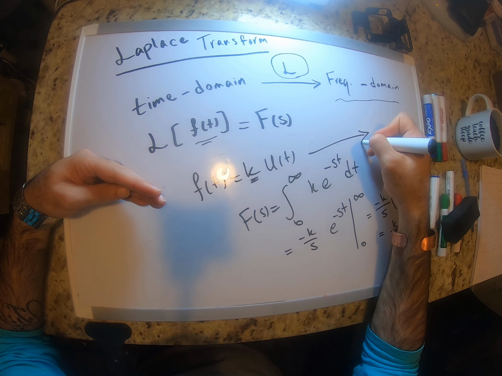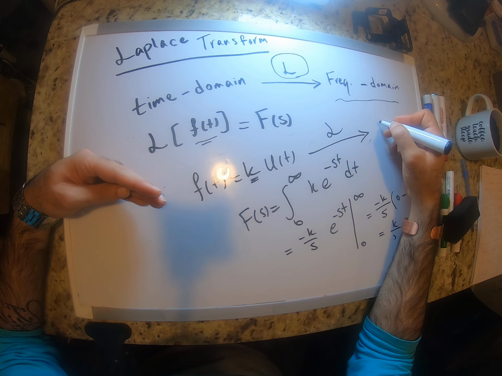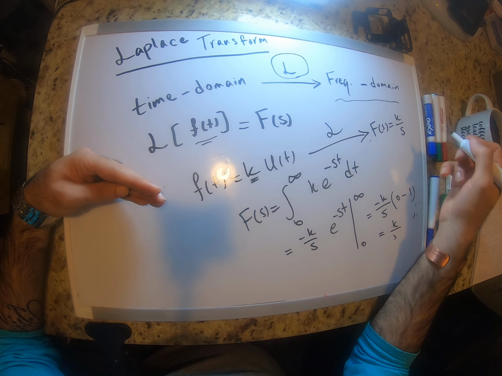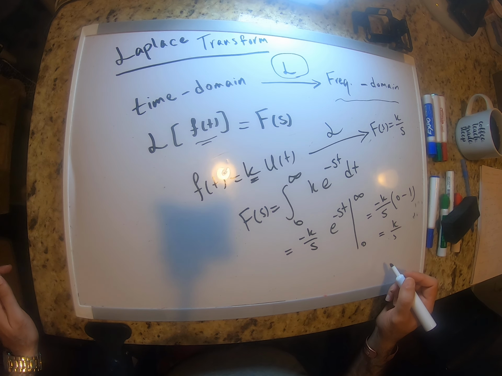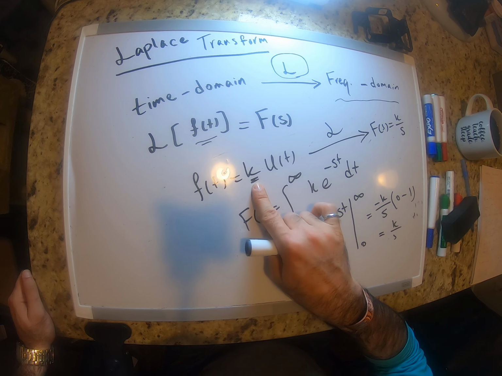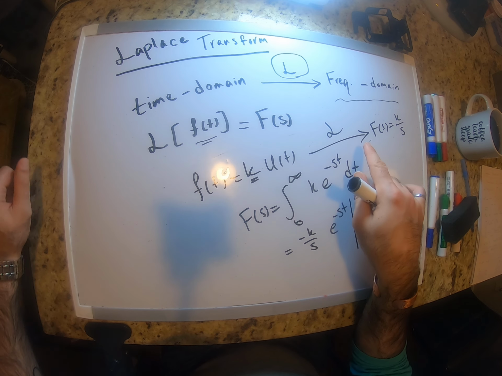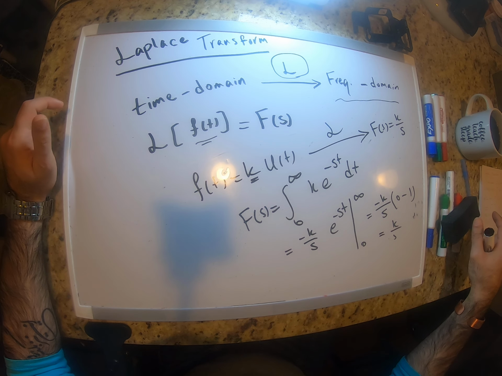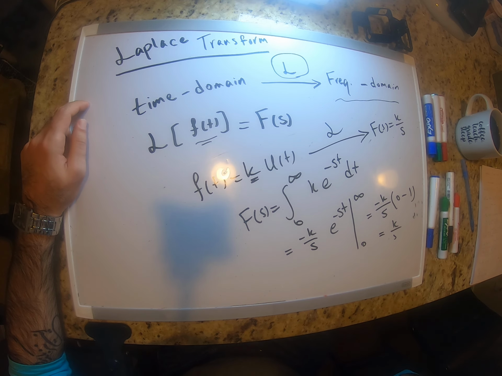So if you take the Laplace transform of this one, it's going to be k over s. So please remember the Laplace transform of constant or unit functions, exponential functions, and derivative and integral. We're going to use them very often in the course.